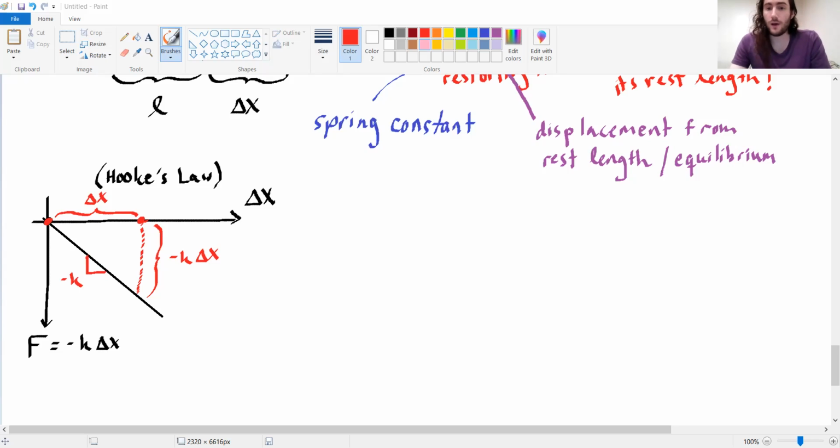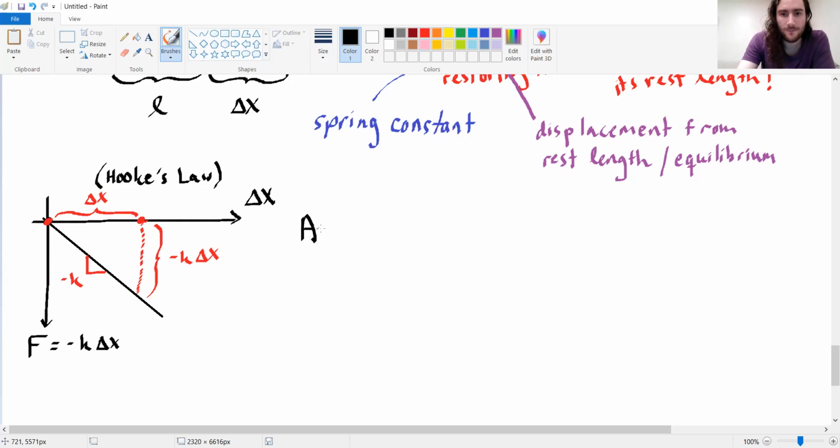Oh, yeah. So it's going to be the work, right? It's going to be the work done to stretch the spring. But what is the actual value? Right. So exactly. So Christine, so does everybody see how we calculate the area there? We just want to use a simple 1/2 base times height, right?